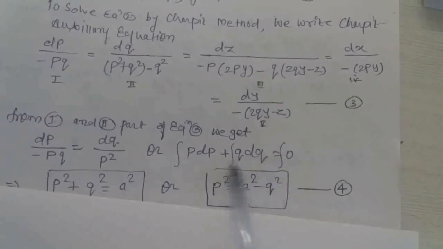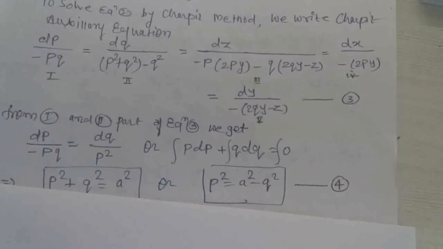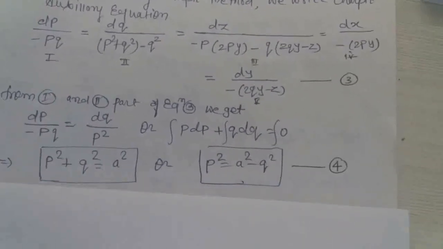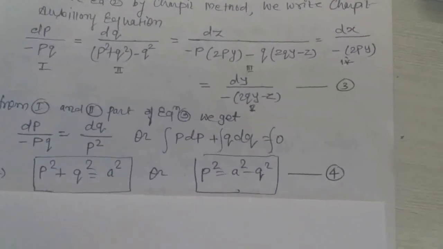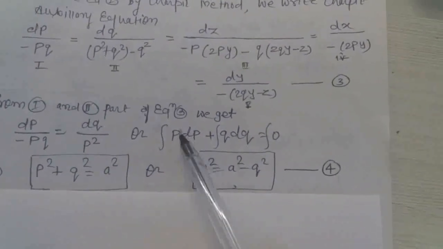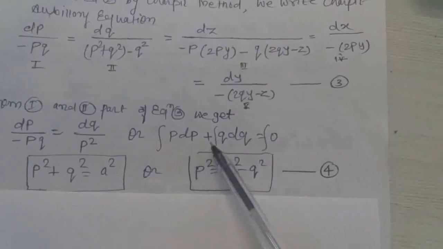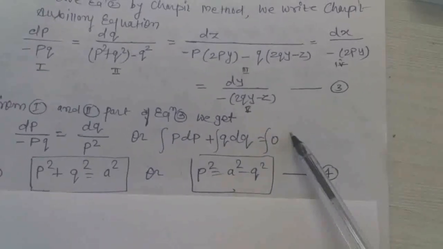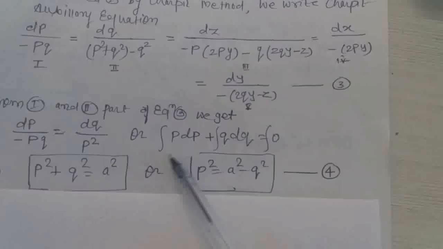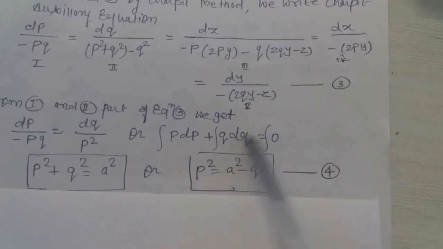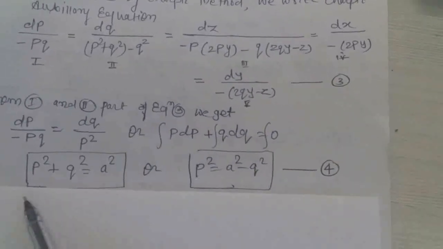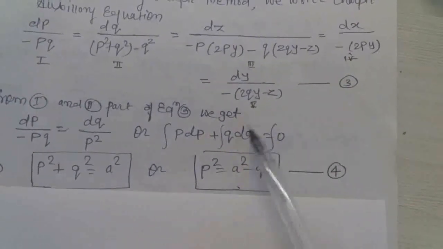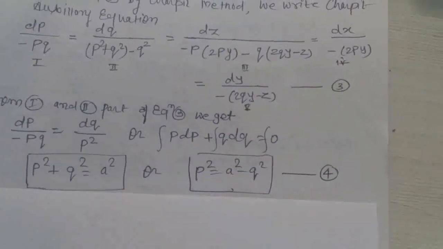So variables are separated. Now integrate this, we get integration of p dp is p square by 2 plus q dq is q square by 2 equal to some constant of integration. Multiply the whole equation by 2, we get p square plus q square equal to 2 times the constant, which we consider as a square.